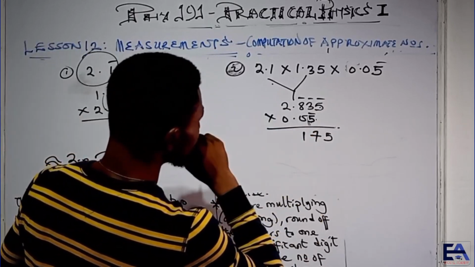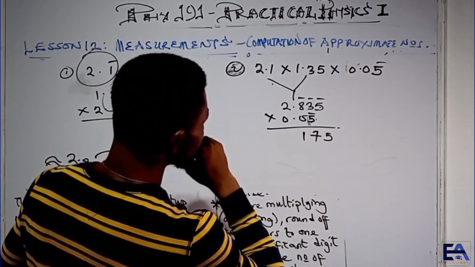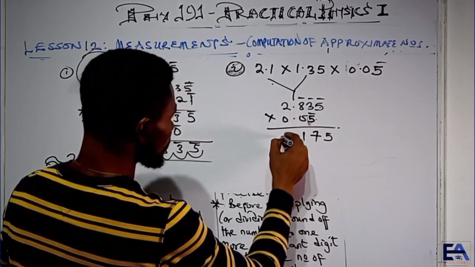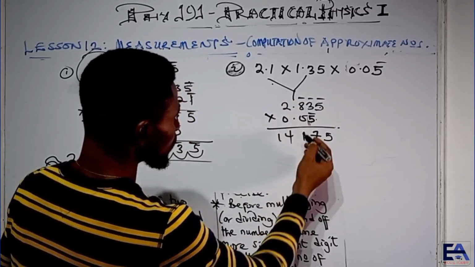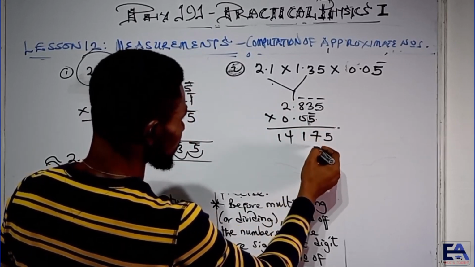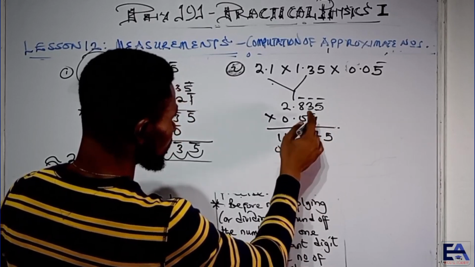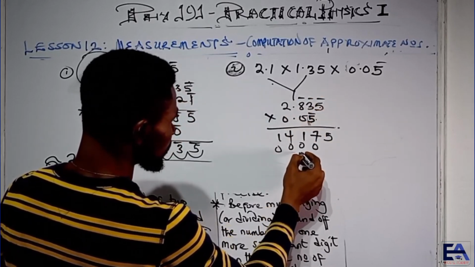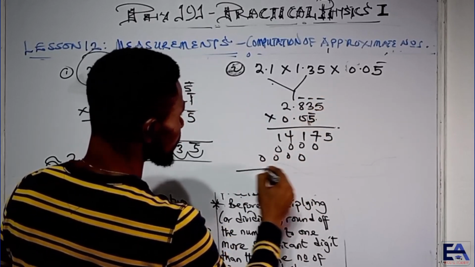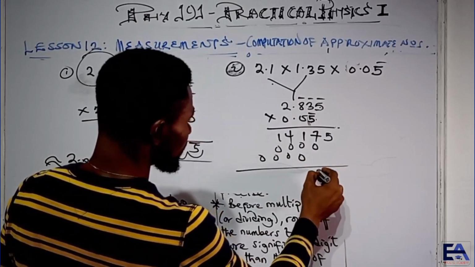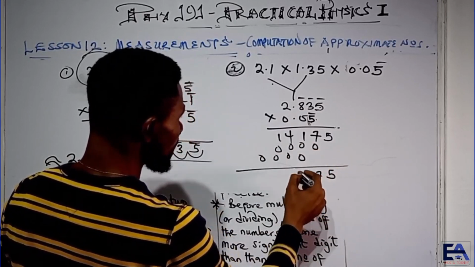Then 5 times 2 is 10 plus 4. That's 14. So you have 0 times everything here, 0, 0, 0, 0. 0 times everything here too, 0, 0, 0, 0. So at the end of the day, you have 5, you have 7, you have 1.